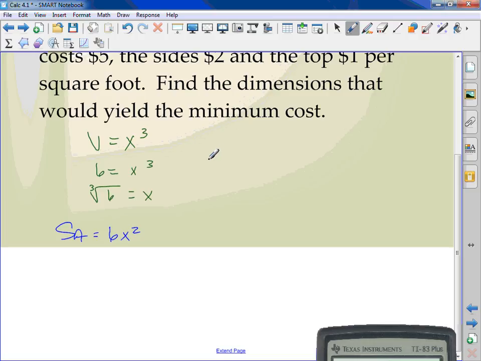If you think I had 2LW, 2LH, 2WH, what's L, really? X. What's W? What's x times x? X squared. So I'm going to put in and find the derivative. So the derivative of the surface area is 12x. How do I find an extreme value?